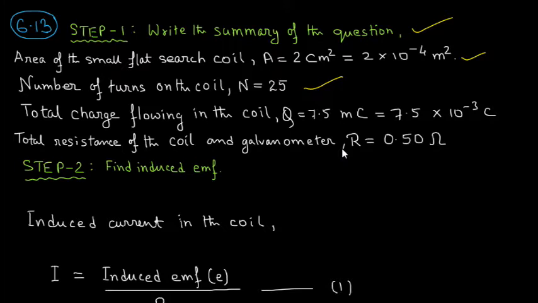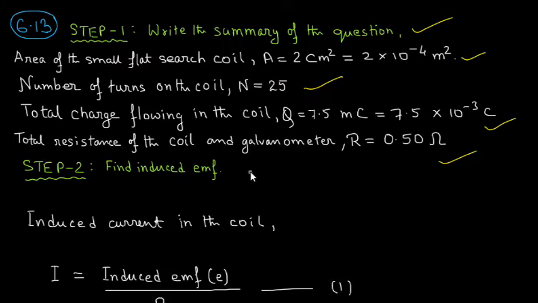Total charge flowing in the coil Q is equal to 7.5 microcoulomb, that is 7.5 multiplied by 10 to the power minus 6 coulomb. Total resistance of the coil and galvanometer R is equal to 0.5 ohm.